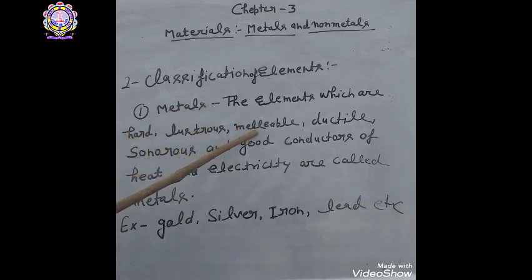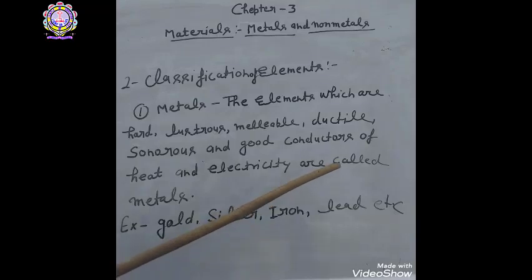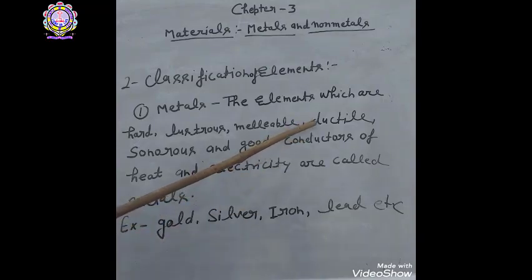Malleable means which can be beaten into sheets. Ductile means able to be drawn out into thin wire.